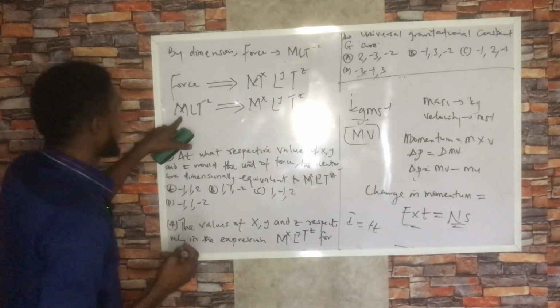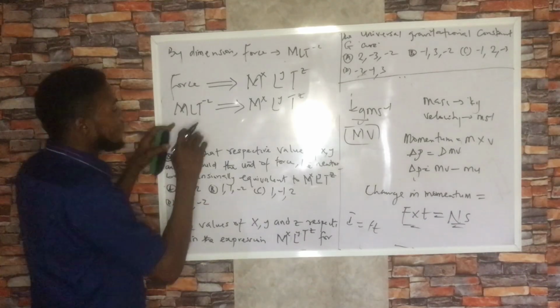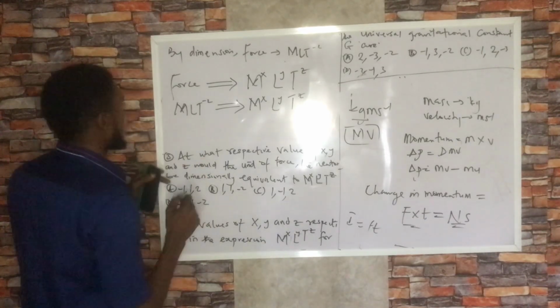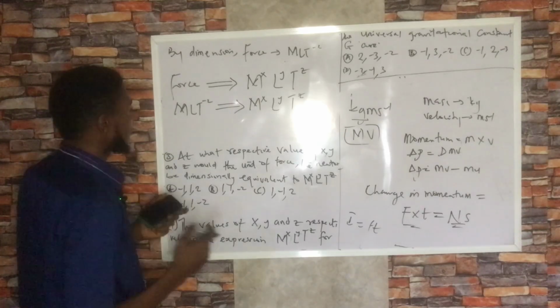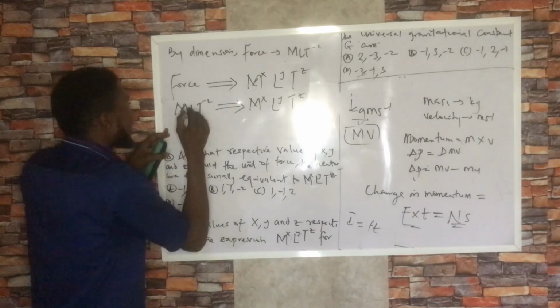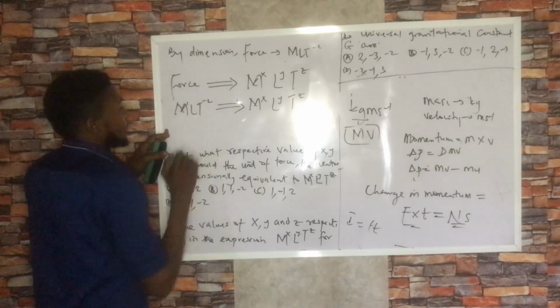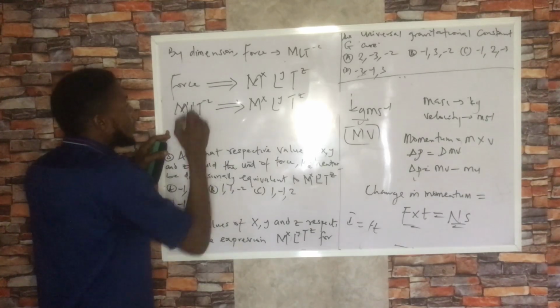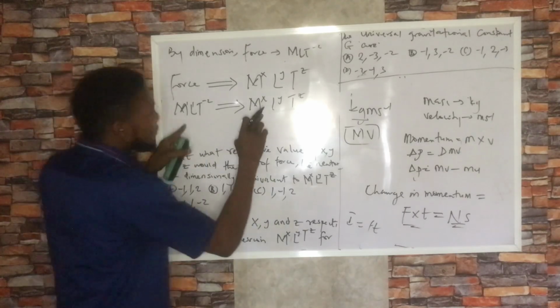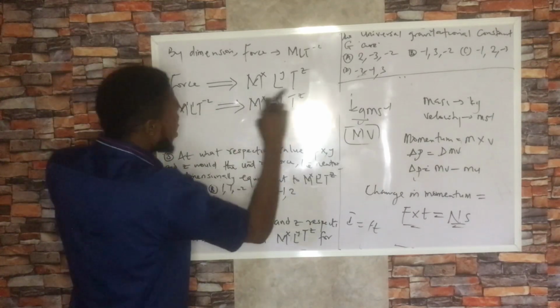If you check this, we have an invisible 1 here. So N raised to power 1 is still the same thing. Even if you have 1000 raised to power 1, it's still 1000. M raised to power 1 is still M. So there is an invisible 1 here, and equally an invisible 1 here. So we want to compare like this. If this is M and we have M here, you want to compare their powers.